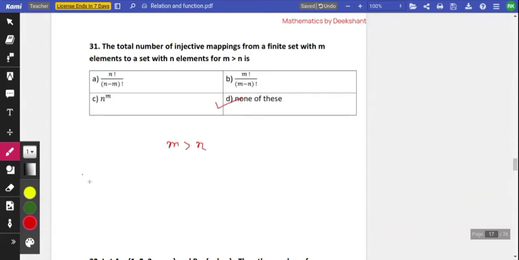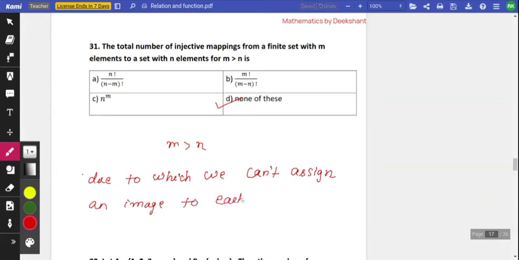The reason is M is greater than N, due to which we cannot assign an image to each element of A.